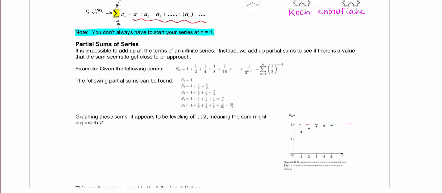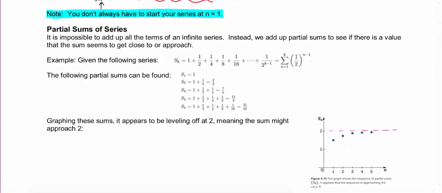So with something finite to start with, I can find a partial sum of the series. While it might be impossible to add up all the terms from 1 to infinity, for example, I can find a partial sum, which again is the idea that it's going to be some finite value. And so that's what we did here.